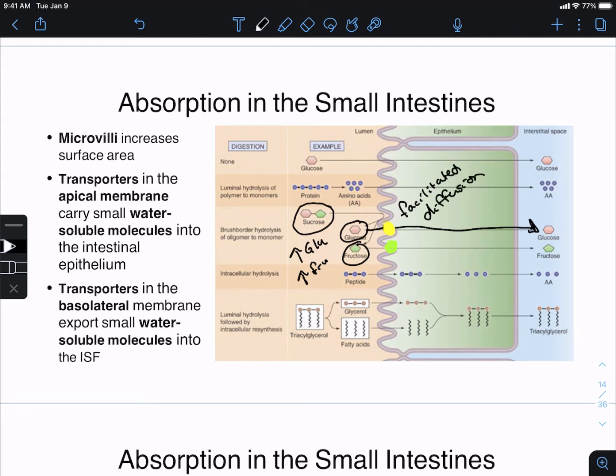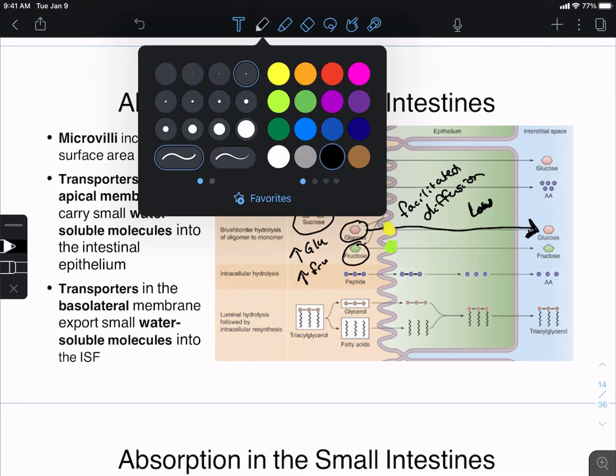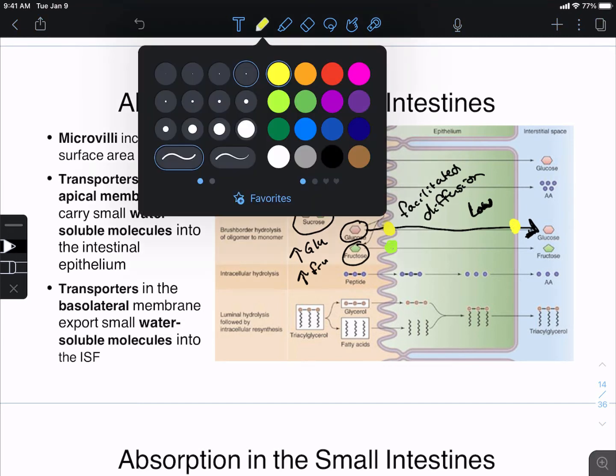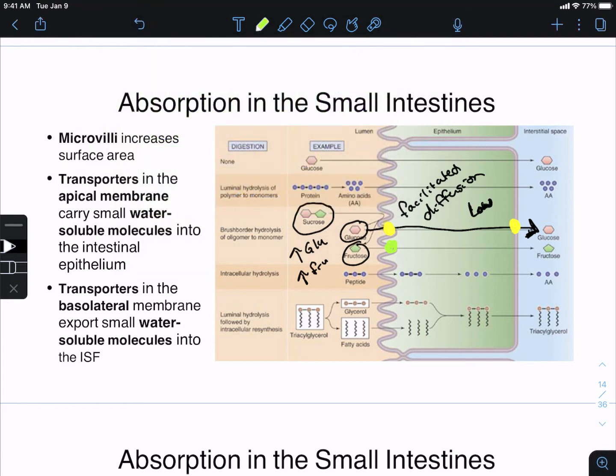Whereas on the other side of the cell, usually we've got a low concentration inside the cell because glucose tends to be used for cellular respiration, or in the case of the digestive system, not used for cellular respiration in large quantities, but instead maintained low because we continue to pump it out. And so on this other side, we would have a pump like so, or a pump for the fructose like so.